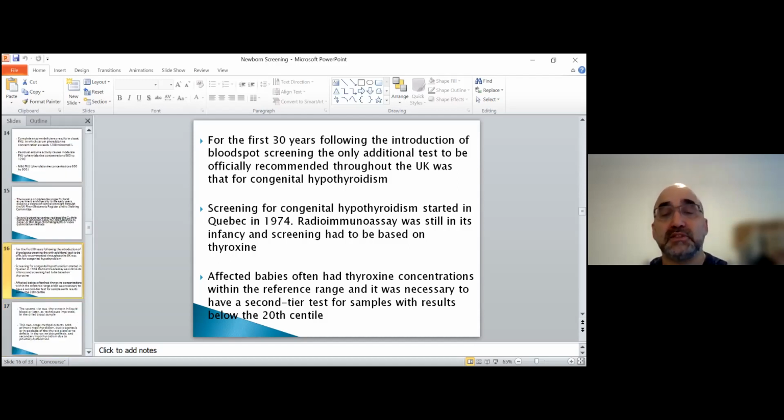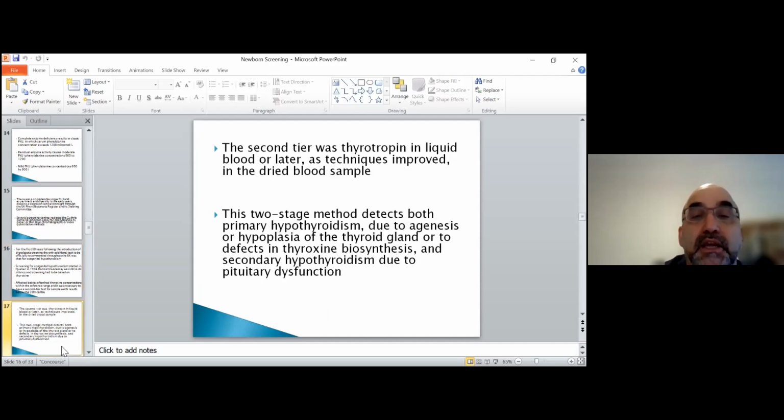So something else needed to be added on, instead of or in addition to thyroxine at the time. The second tier introduced was thyrotropin, TSH, as the techniques improved and it could be done on a dried blood sample.